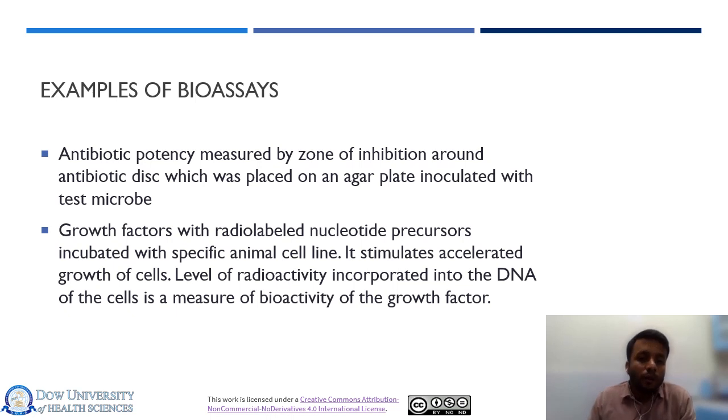Another example is growth factors, which are usually radiolabeled with nucleotide precursors and then incubated with specific animal cell lines, and then we check the accelerated growth of cells. The level of radioactivity incorporated into the DNA of the cells is then measured as the bioactivity of the growth factor.